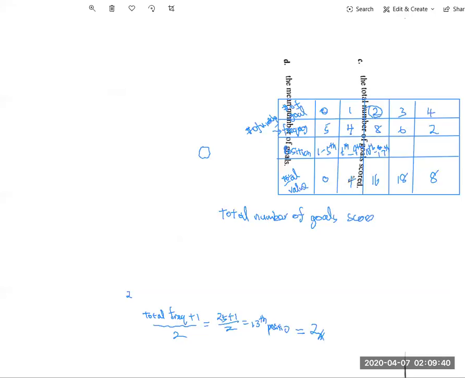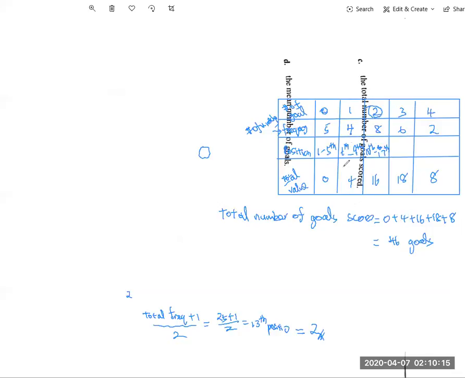So 0 plus 4 is 4, 4 plus 16 is 20, 20 plus 18 is 38, 38 plus 8 gives you 46. You got it?